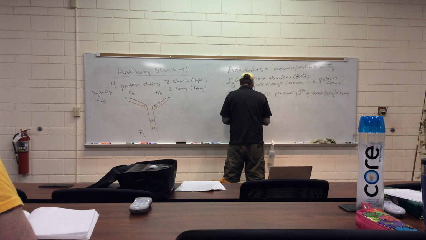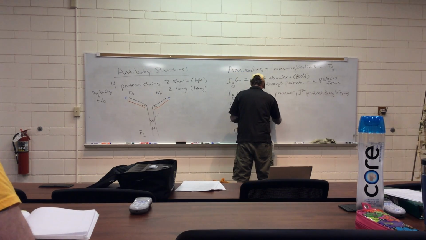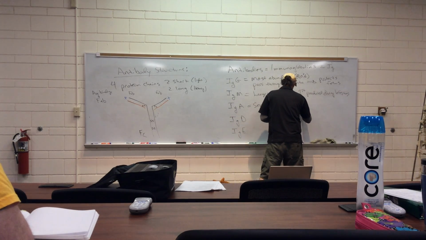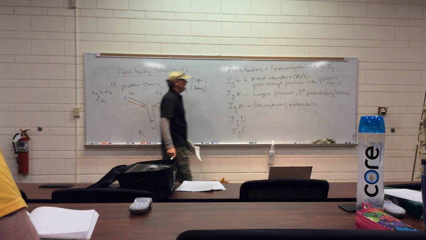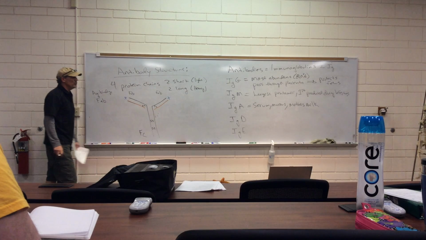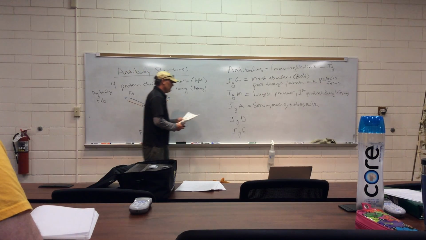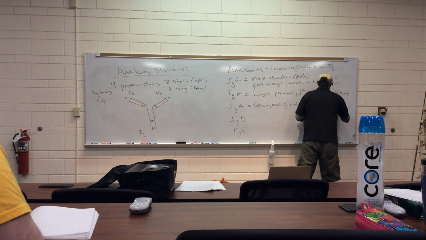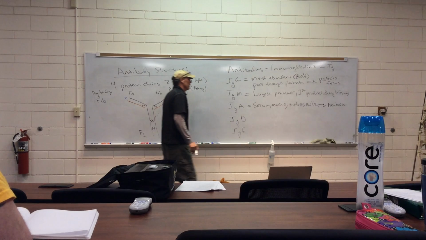IgA, also known as serum Ig. Basically, we find it in serum, mucus secretions, specifically in mother's milk. So this is basically protecting your newborn until their humoral system is up and going and they can combat things on their own.